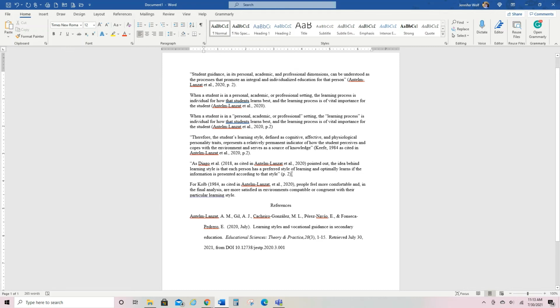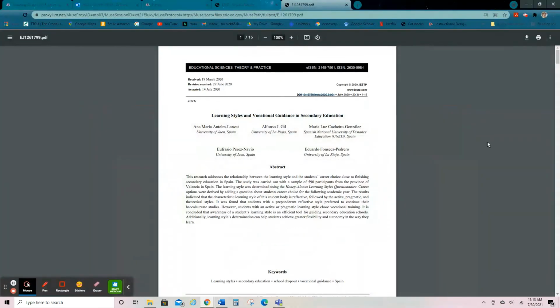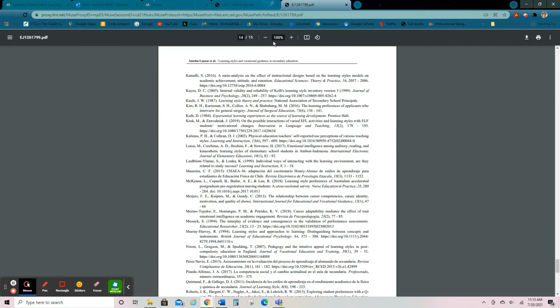If we quote, we need to provide the page number of the article we read, not the article our author referenced, because we didn't actually read that article. And then I showed you how to format a reference. But again, if you look at articles, they will always provide a reference list. They have to. So take a look at those and make yours look just like that.